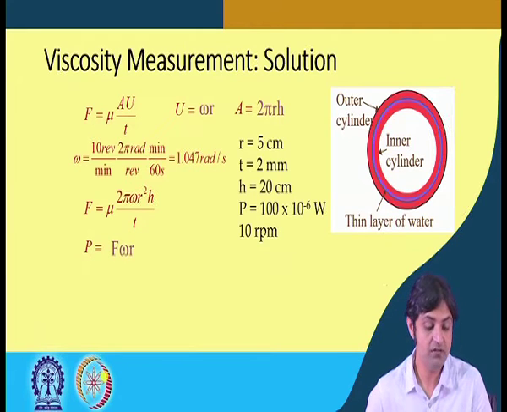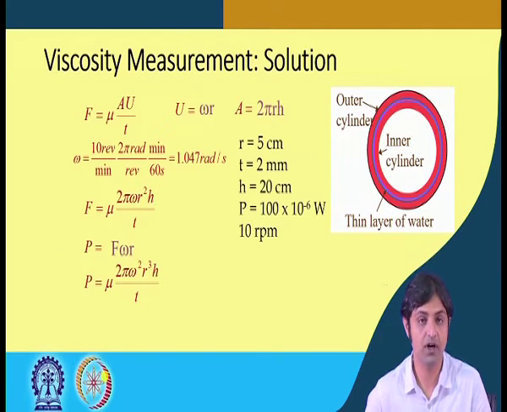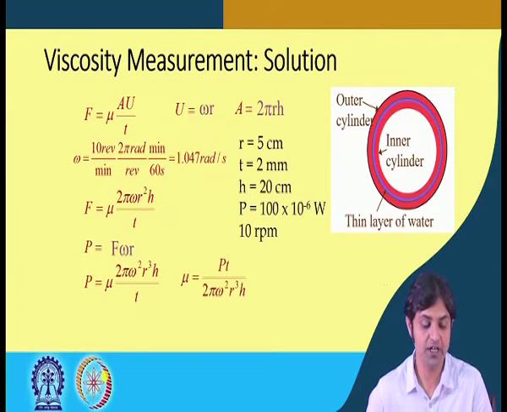The power is F into V, force into velocity, or F omega r in our case. So, power can be written using the equations of F and P given above as mu 2 pi omega square r cube h by T. Using this equation, if you take T on the other side and 2 pi omega square r cube h down, you can obtain mu as power into thickness divided by 2 pi omega square r cube h.